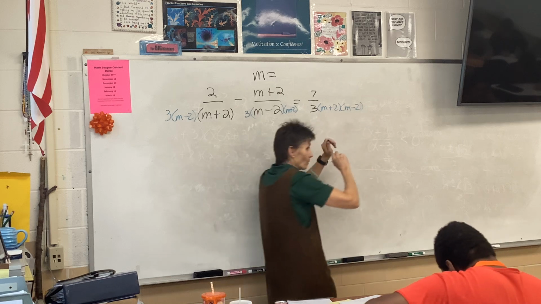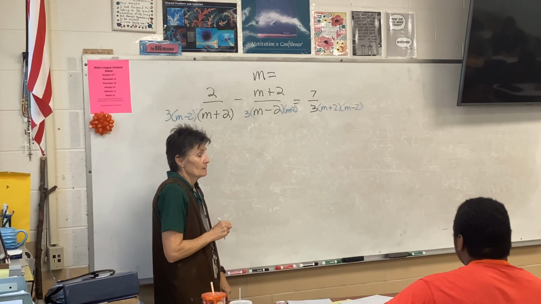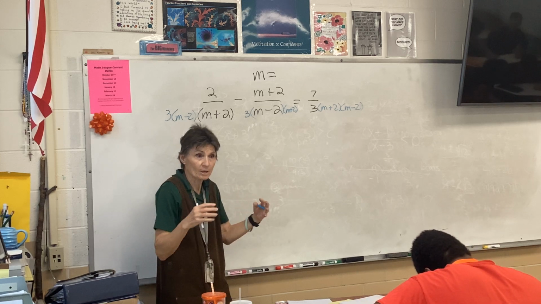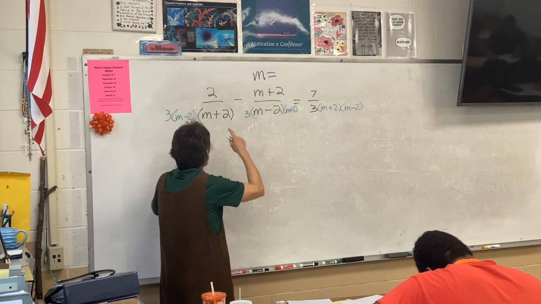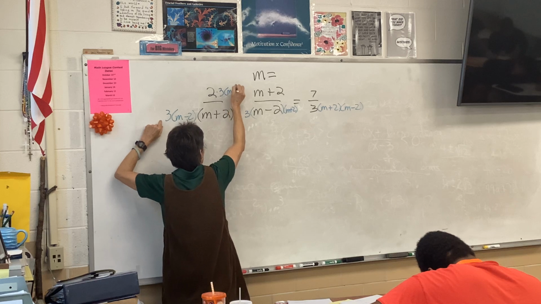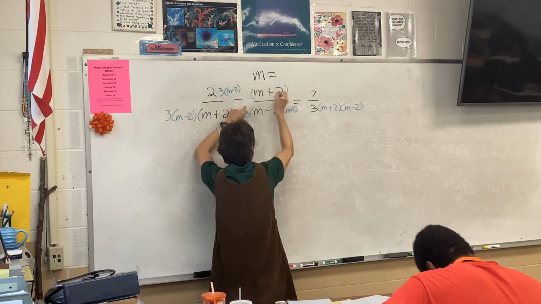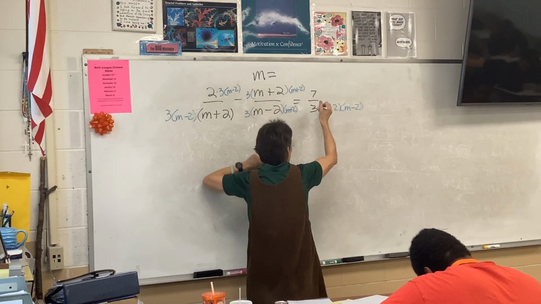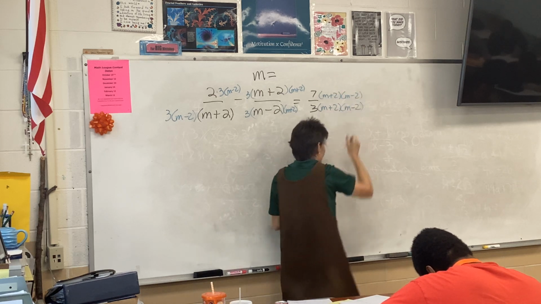Now remember, if you put it in the bottom to make them all match, then you have to put them in the top. So this is going to have a 3 and an m minus 2. This one's going to have a 3 and an m plus 2. And this one's going to have an m plus 2 and an m minus 2.